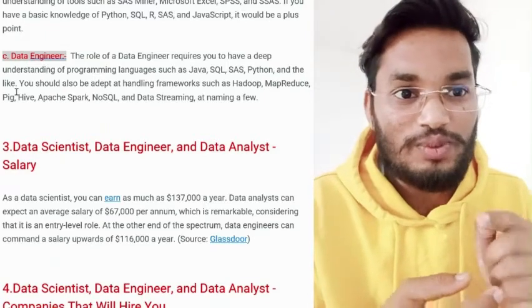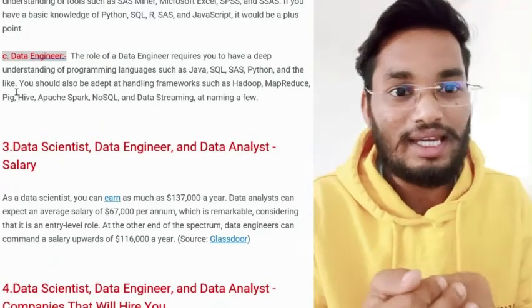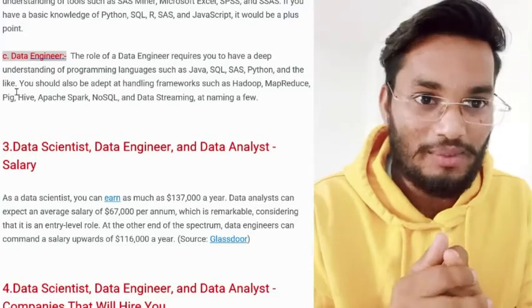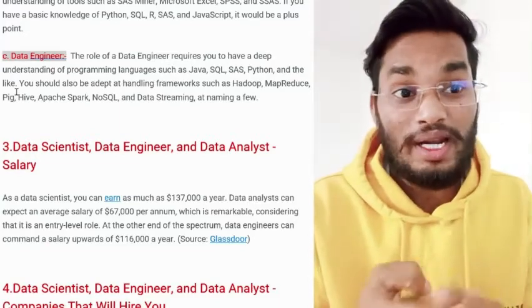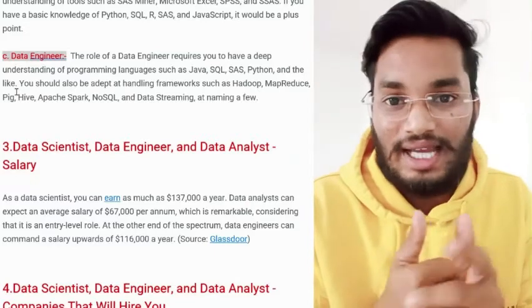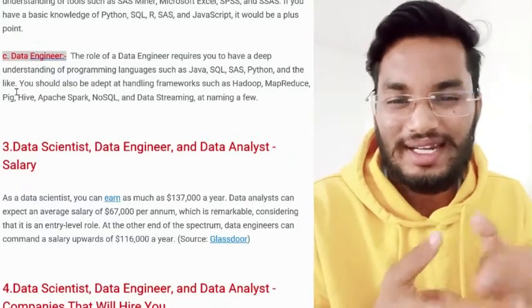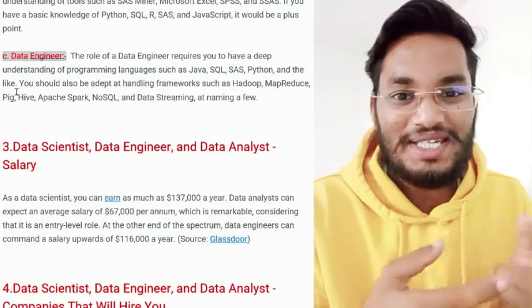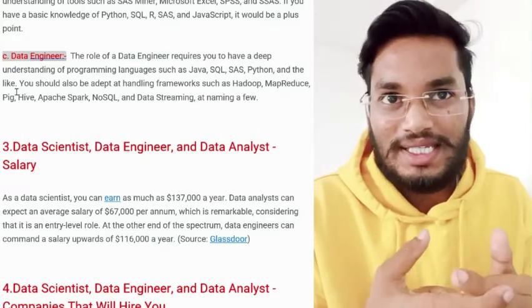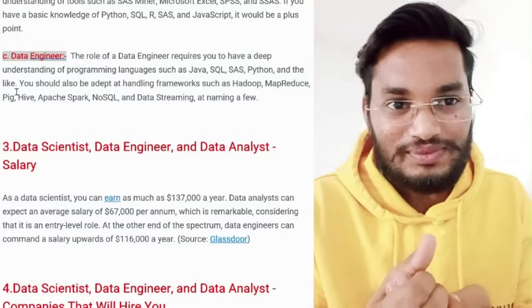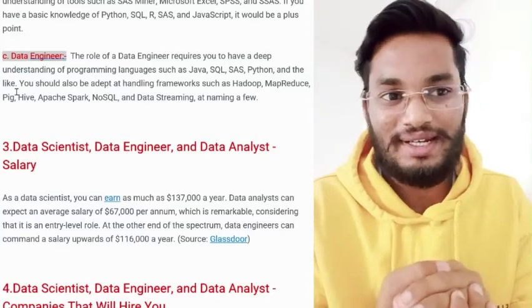You should also be adept at handling frameworks such as Hadoop, MapReduce, Pig, Hive, Apache Spark, NoSQL, and data streaming such as Kafka streaming and Spark streaming, and so on. So that is the skill set required for data engineers.